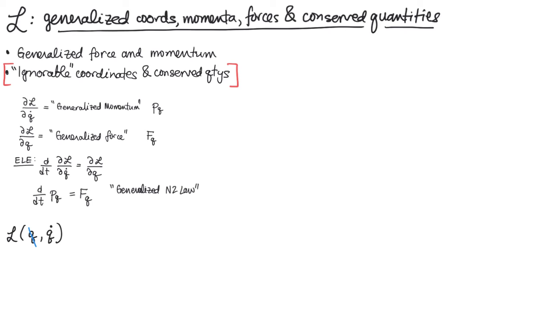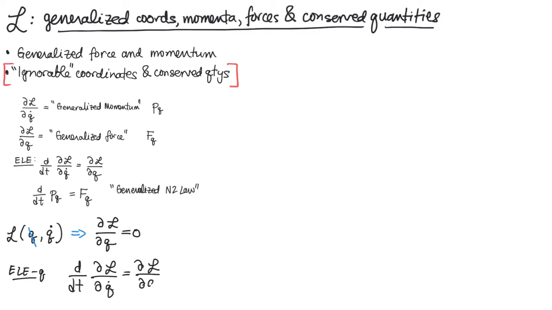If that's true, then we know that the partial derivative of that Lagrangian with respect to the coordinate q will be 0, and that tells us that the Euler-Lagrange equation for q will be the time derivative of the partial with respect to q dot is equal to the partial with respect to q, but that term is 0. That implies that the time derivative of some quantity is 0, which then implies that that quantity is constant, or conserved.